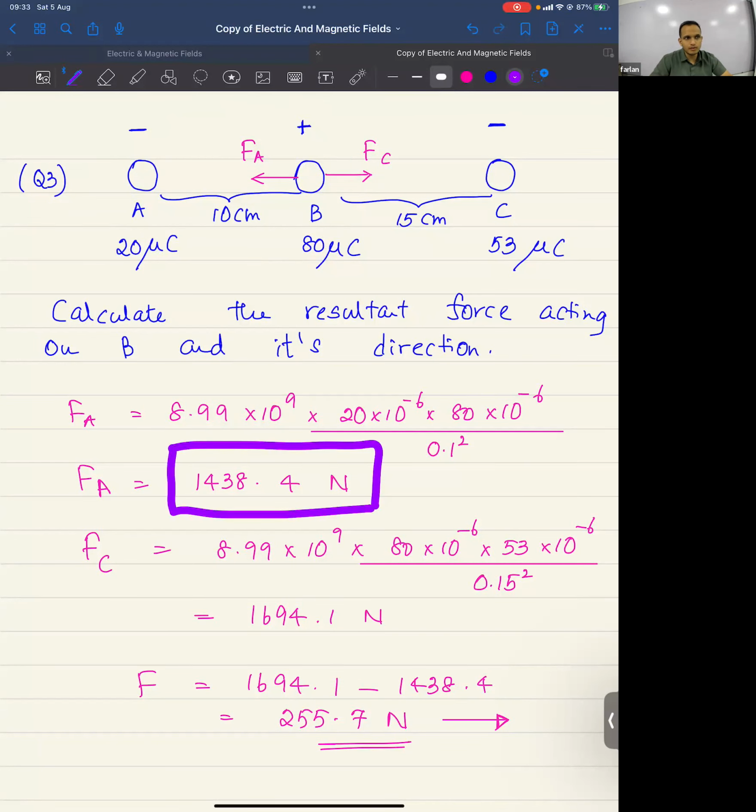Similarly, you find the FC. I'm getting 1694.1. So the bigger one is FC. So definitely the resultant will be towards C then, to the right, as per the diagram. So the resultant is the difference between the two forces, 255.7 newtons to the right. If you have any questions, you can ask.